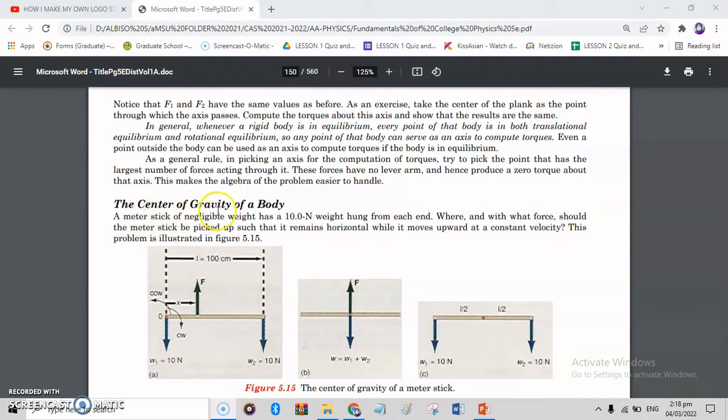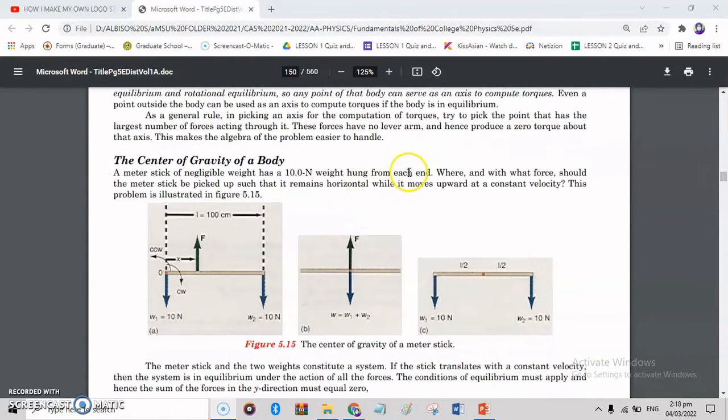Next is the center of gravity of a body. A meter stick of negligible weight has a 10 Newton weight hung from each end, where and with what force should the meter stick be picked up such that it remains horizontal while it moves upward at a constant velocity?